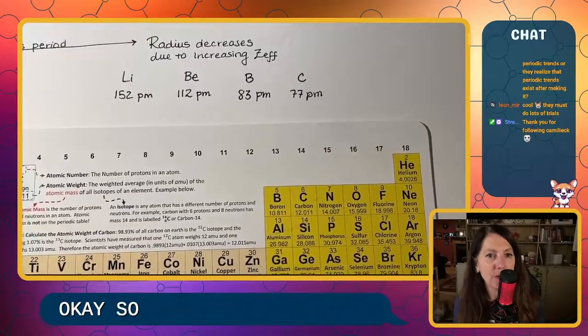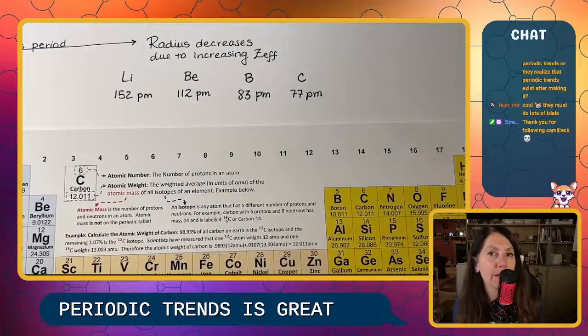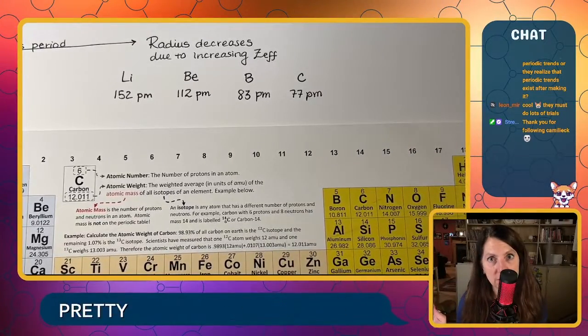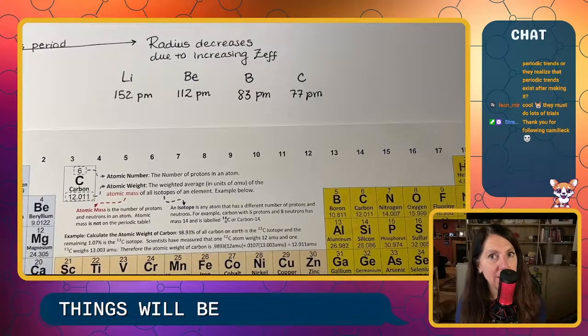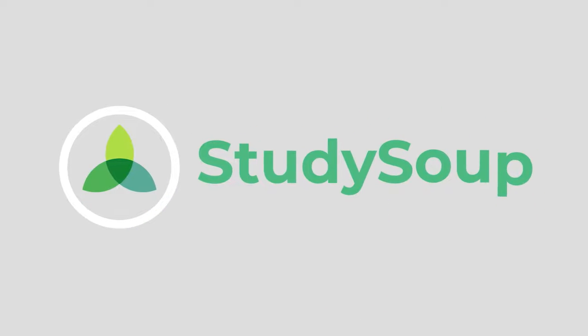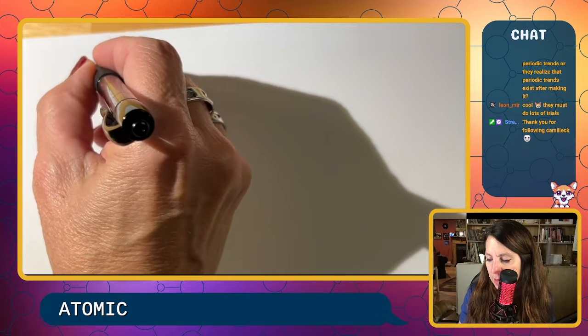So learning about periodic trends is great because you can make some predictions about how things will behave. Okay, so let's look at this atomic radius.